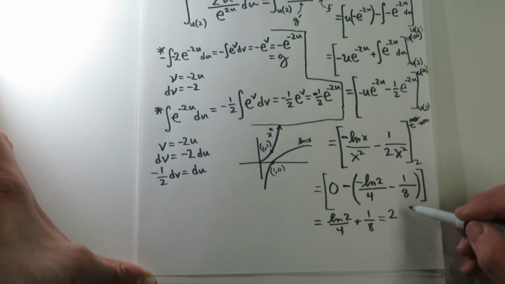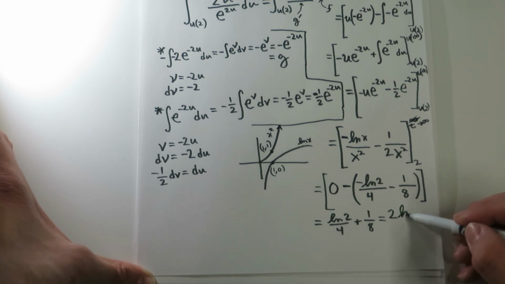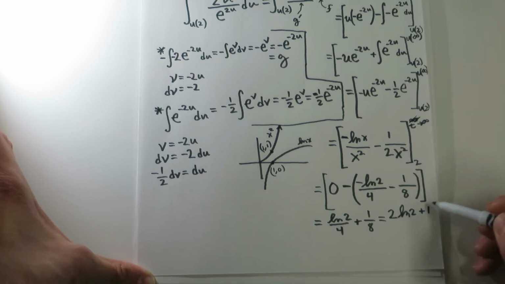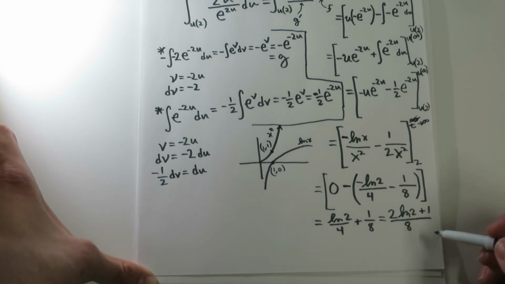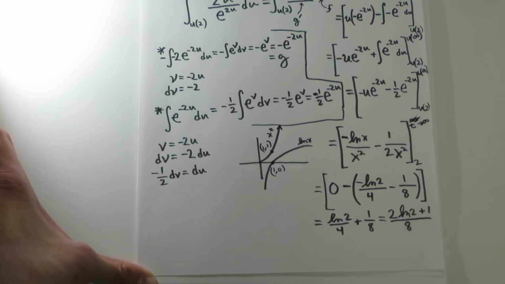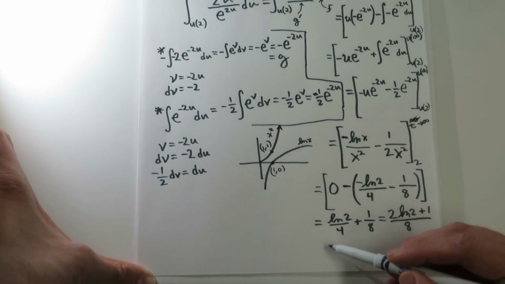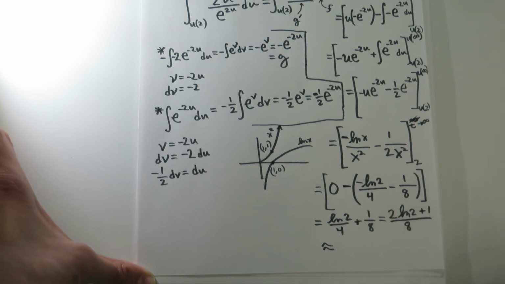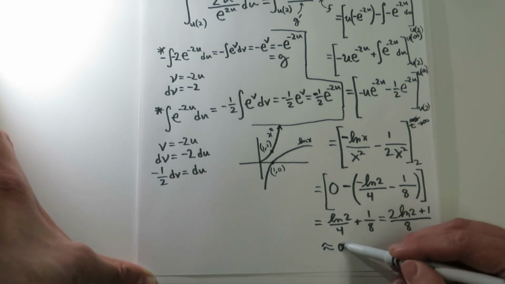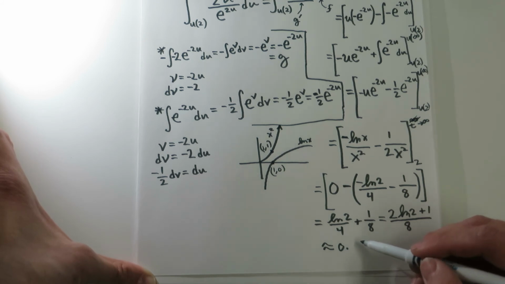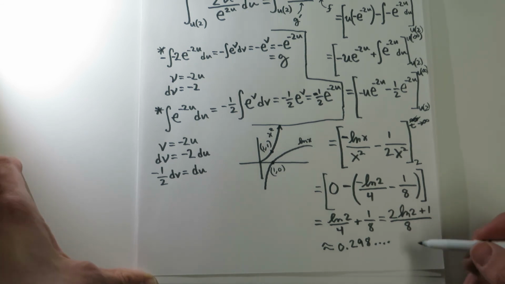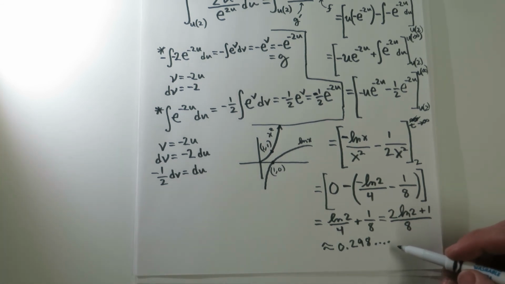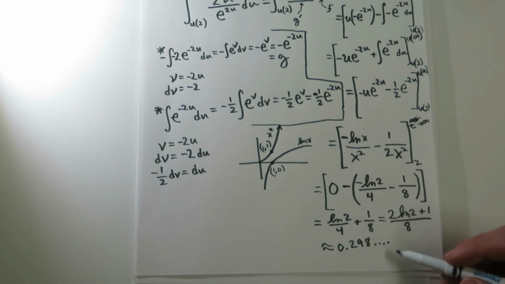So this is going to be 2 times ln of 2, plus 1, all of that over 8, and if I plug this into a calculator, this is just going to equal 0.298 something.